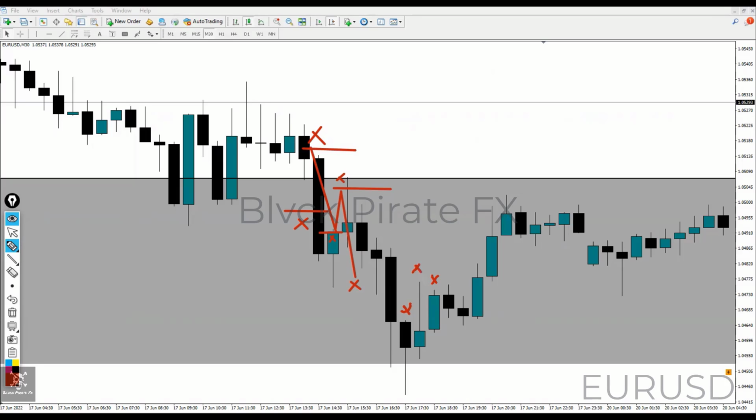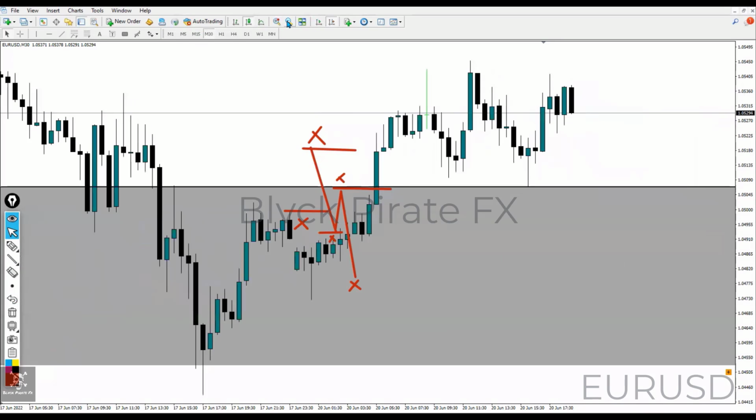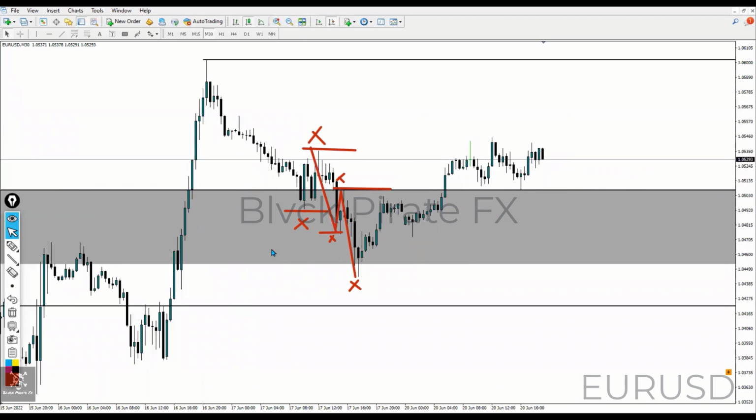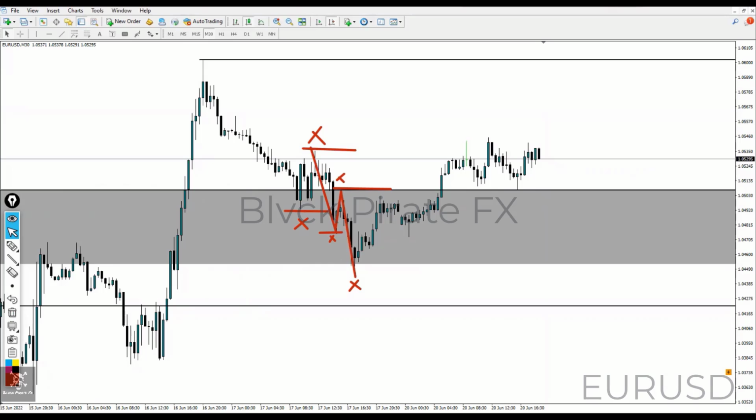This creates a swing high. Let's zoom out again and get back to where we were. There we go. We create our swing high, and our structure now goes here.